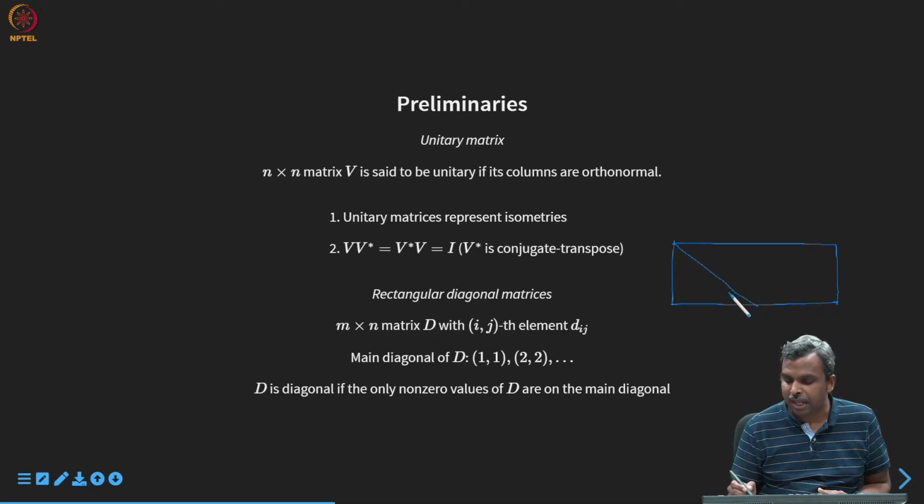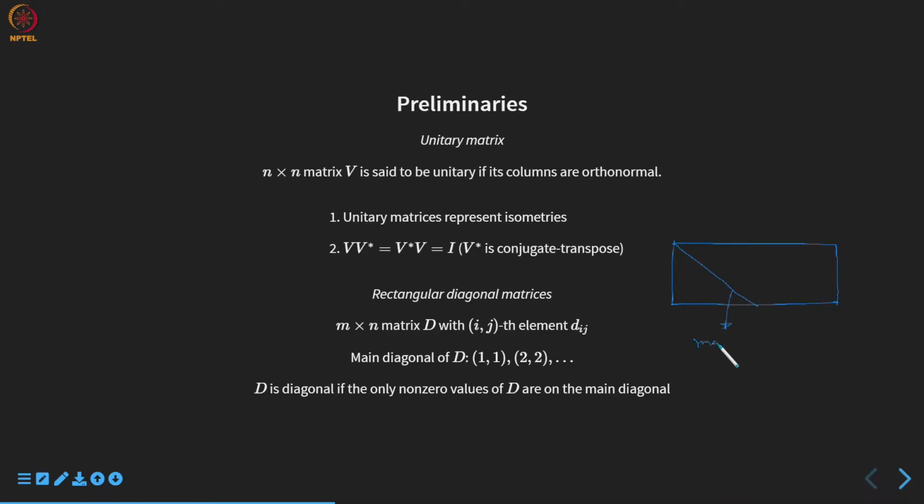This would be the main diagonal: basically entries 1,1, 2,2, and so on. Even if you have a tall matrix like this, the definition of diagonal is the same. If you have m cross n, with m larger also, that's diagonal. This is the main diagonal: 1,1, 2,2, etc.